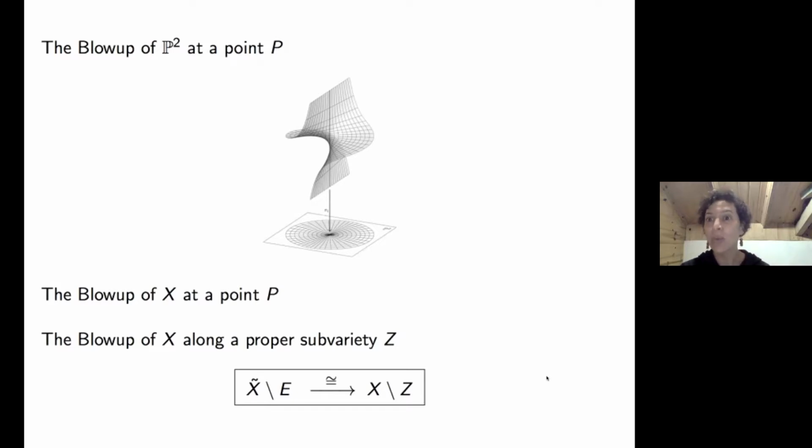And this is exactly why the naive classification problem up to isomorphism is really not the right problem to address, because I can start, say, with P2 and blow up one point and then blow up a point in the blow up and so on. And in this way, I can construct uncountably many non-isomorphic surfaces.